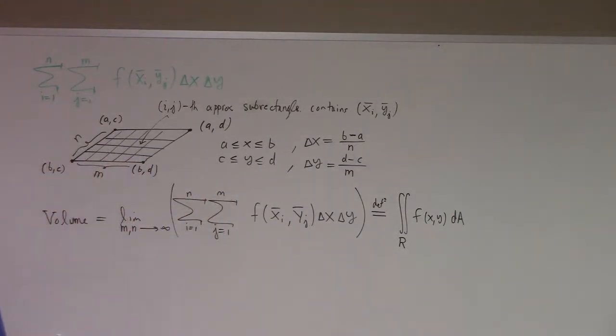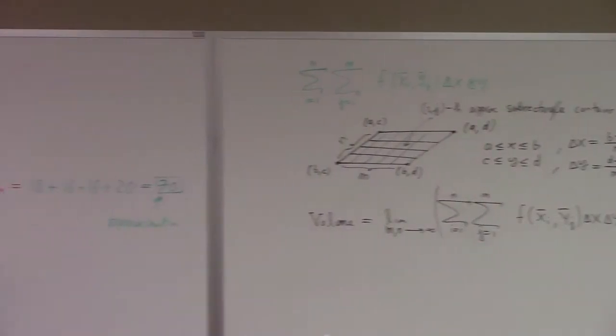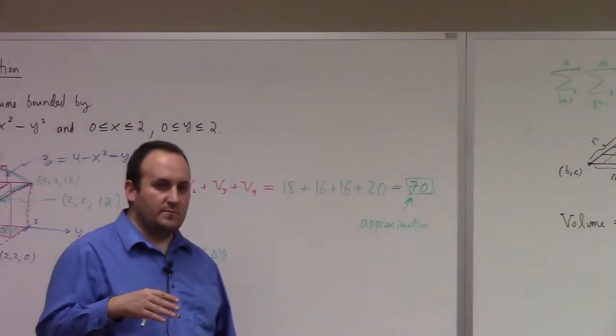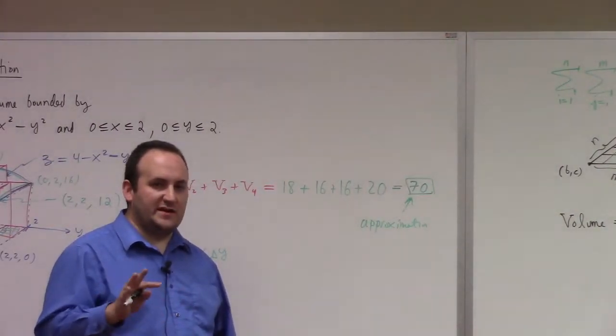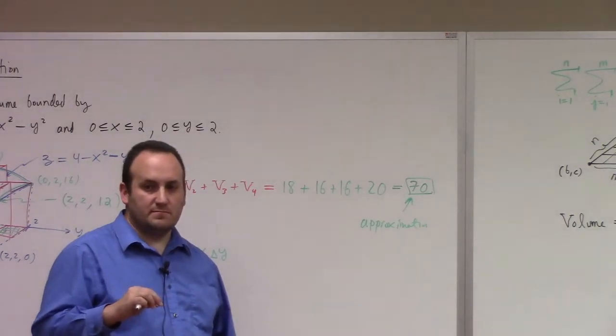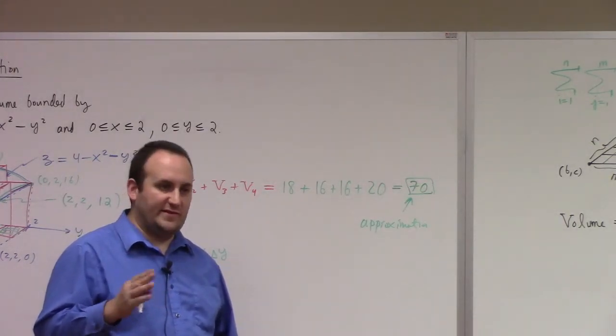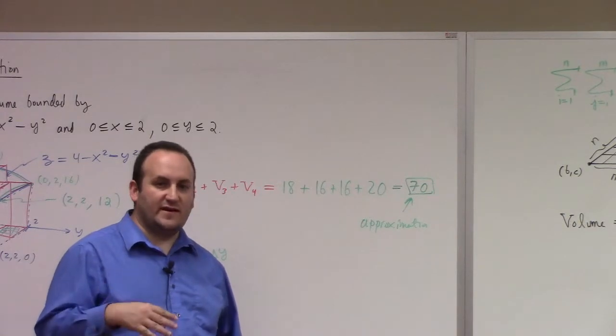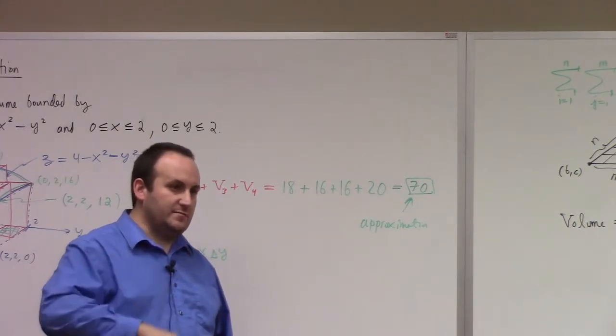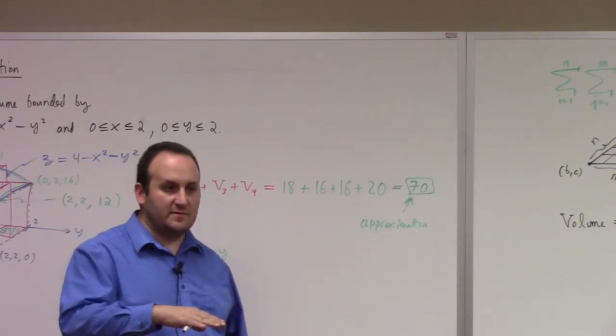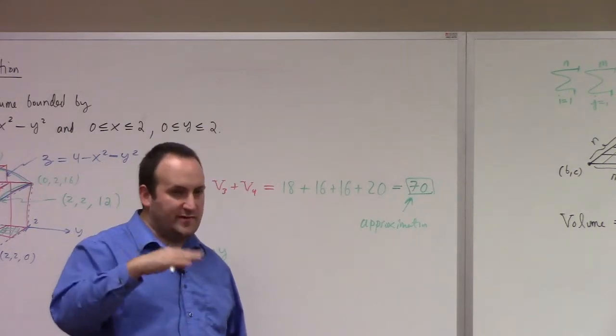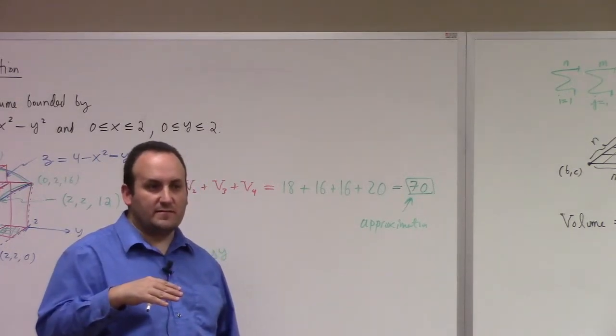Now, I have been saying that f is positive in order to make the identification with volume. But what would it mean if f was negative in this sum? What it calculates is what's called the signed volume, where volume below the xy plane is counted as negative, and volume above the xy plane is counted as positive.